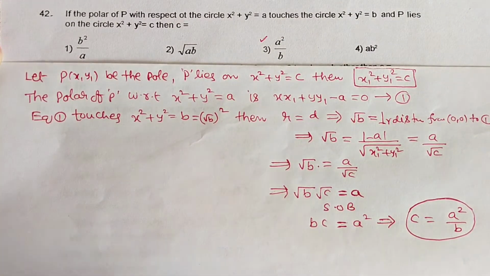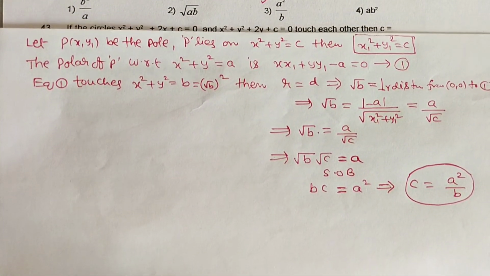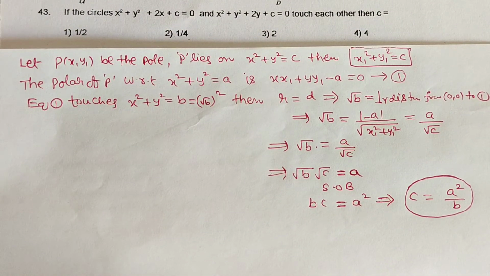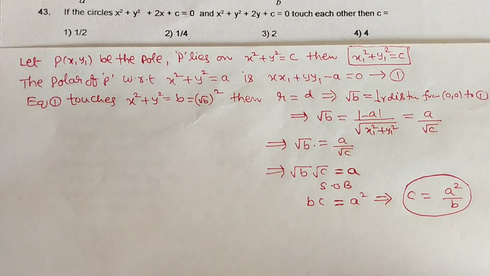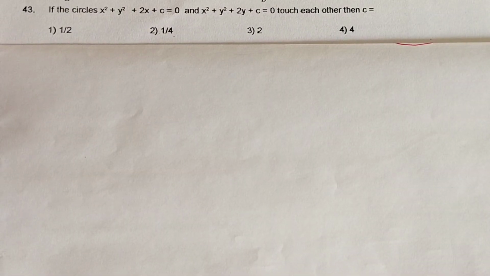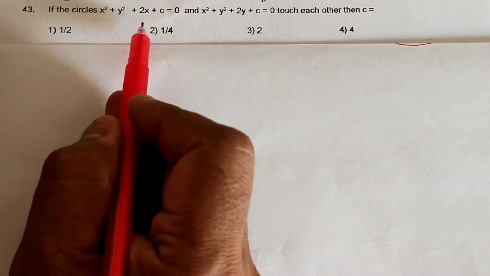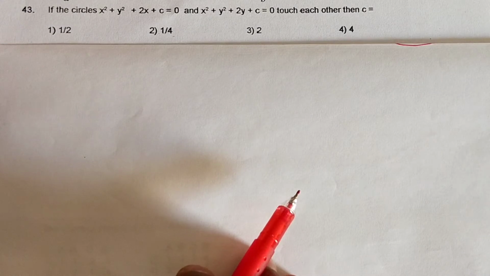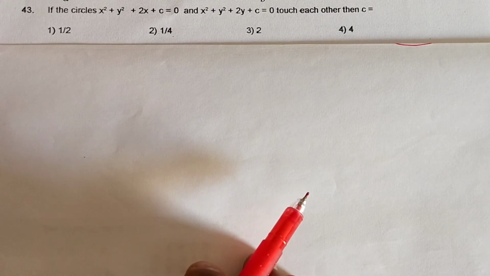We'll move to the next question. In question number 2, if the circles x square plus y square plus 2x plus c equal to 0 and x square plus y square plus 2y plus c equal to 0 touch each other, then c equal to.